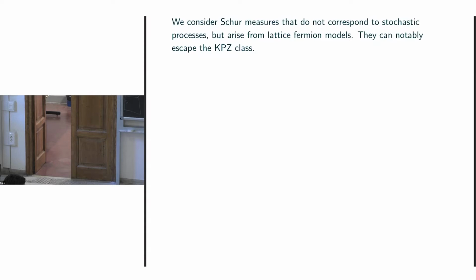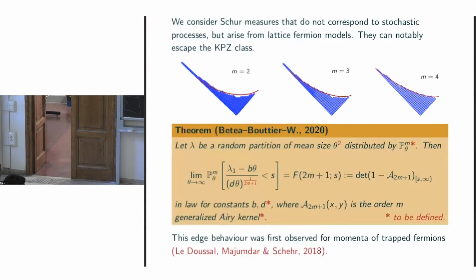And the advantage to this, to say what our main result will be, is that we were able to define measures this way so that you could escape the KPZ universality class. In particular, instead of having the Baik-Deift-Johansson edge behavior, which is generic for much of last passage percolation, for instance, or other processes, we can get this kind of behavior that was studied by Pierre Le Doussal and Gregory Schehr for momentum of trapped fermions in the first instance, where instead of a 1/3 power, you have a 1/(2m+1) power.